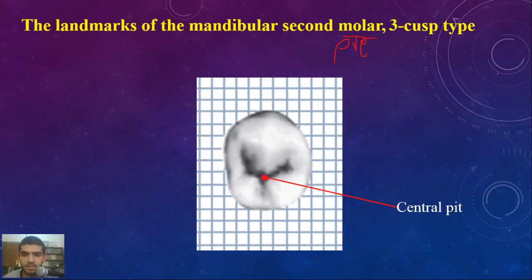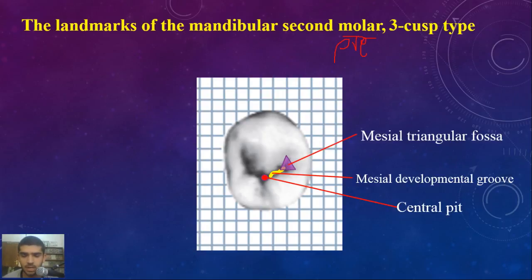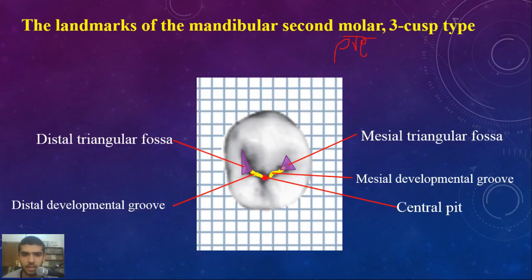We have a central pit. From it, we can see a mesial developmental groove radiating in a mesiobuccal direction, ending in the mesial triangular fossa. And also we have a distal developmental groove radiating in a distobuccal direction and ending in a distal triangular fossa. We also have a lingual developmental groove.